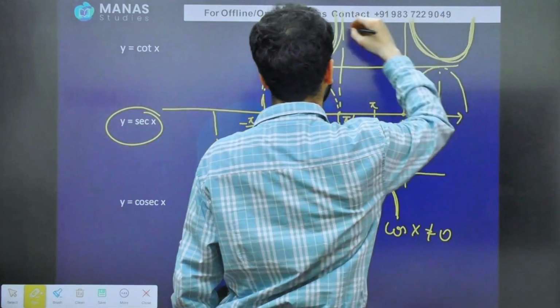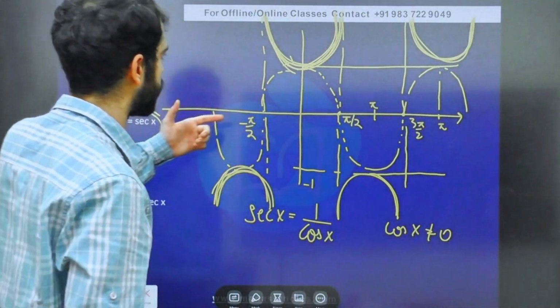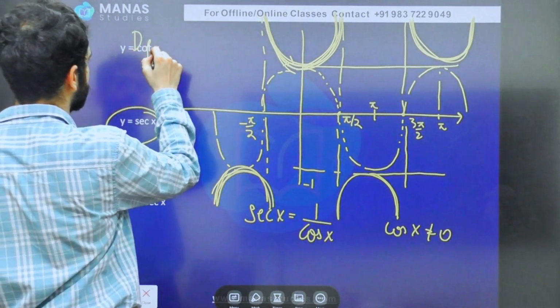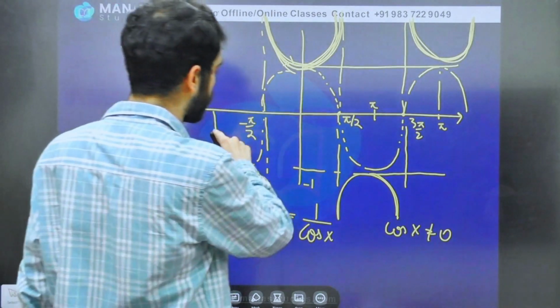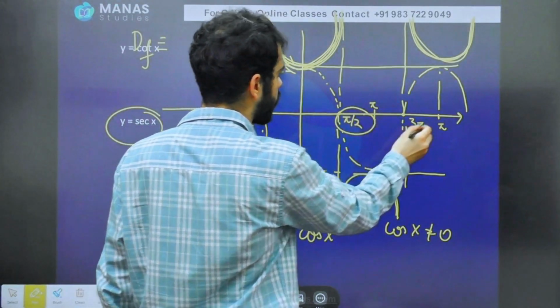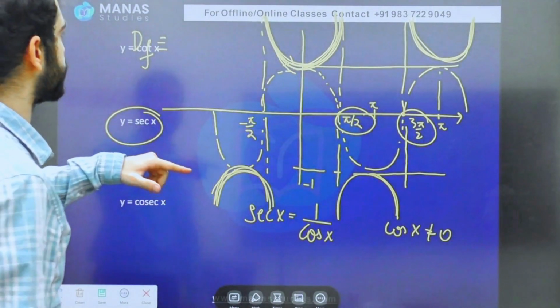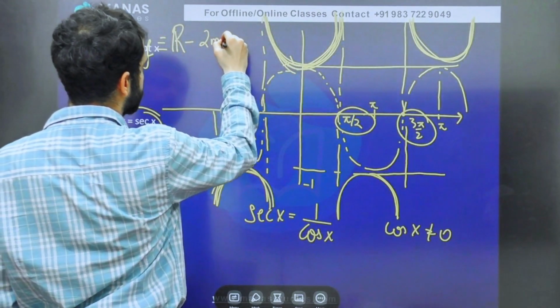So the bold or the highlighted curve is the graph of sec x, and the dotted one is the graph of cos x. The domain of the function, that is all the values which can be input, the values of x which are acceptable, will include all real values except odd multiples of pi by 2. That is the values at which cos becomes 0. So domain will be all real values except odd multiples of pi by 2.